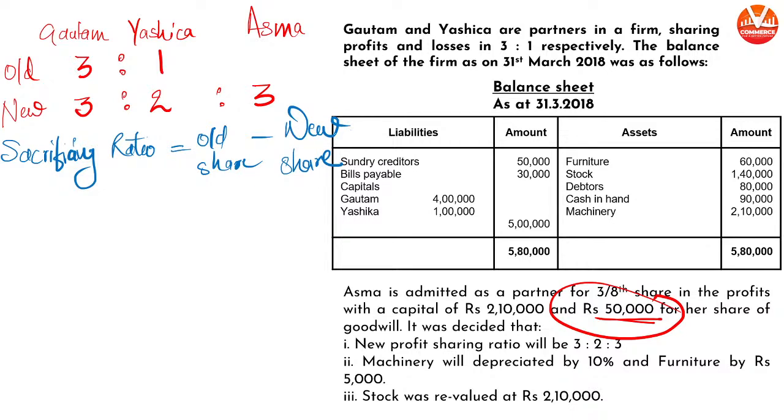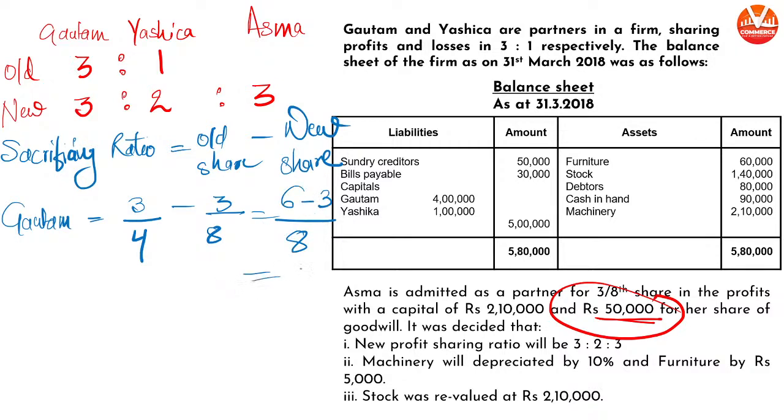Gautam's sacrificing share will be equal to 3/4 minus 3/8. Take the LCM, which is 8. 3 multiplied by 2 is 6, minus 3, it will be 3/8. Gautam is sacrificing 3/8. Similarly, we will calculate the sacrificing share of Yashika.